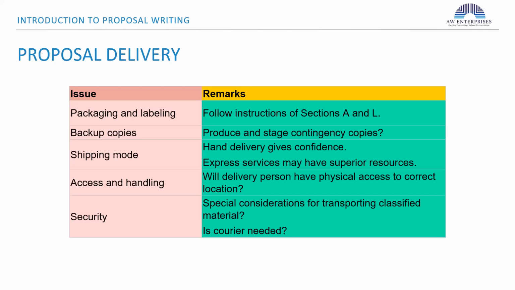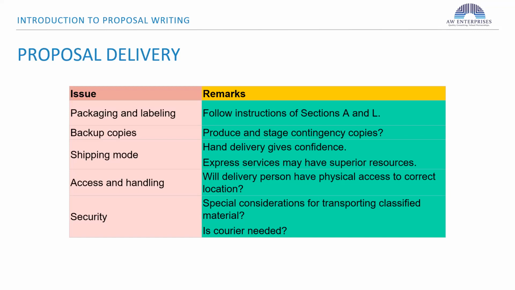Keep in mind that if you're a security cleared company and it's a classified response you're doing, that you may be subject to special conditions for submitting that proposal. And so make sure all of that's taken care of. Do you need a courier, or what else do I need, right, outside of electronic submissions?